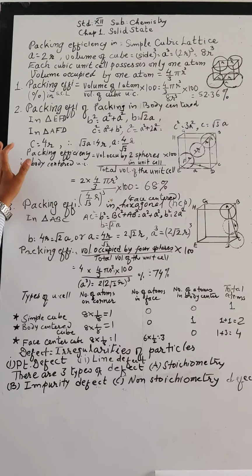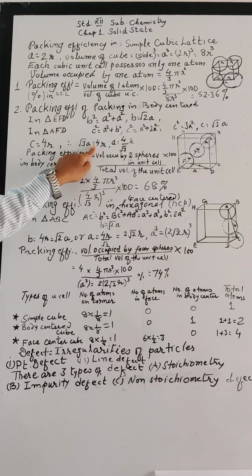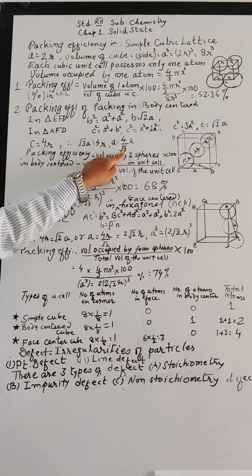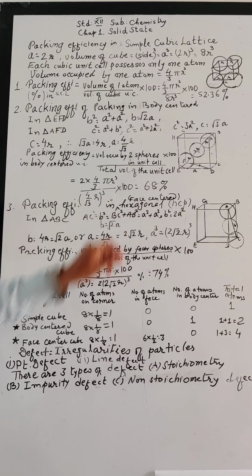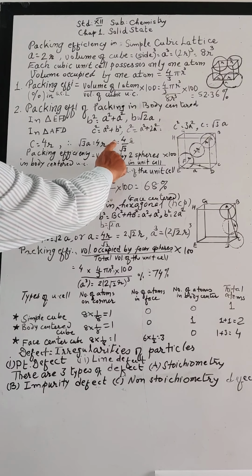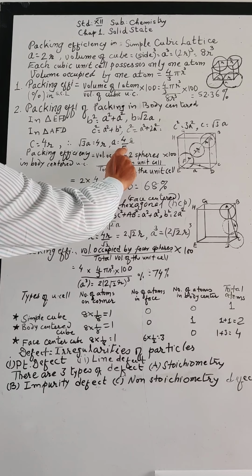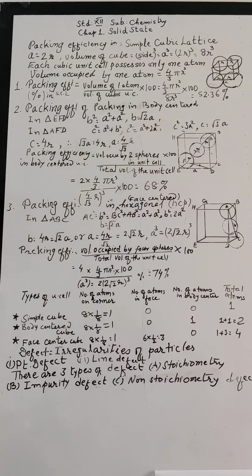Root 3 into A equals to 4r, that is A equals to 4 upon root 3 r. This is value of A, that is 4 divided by root 3 r.